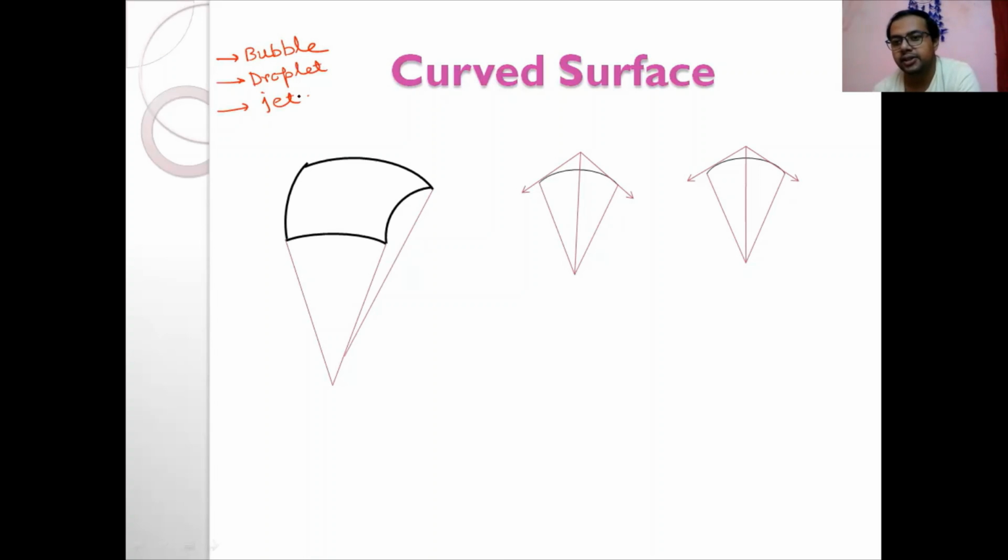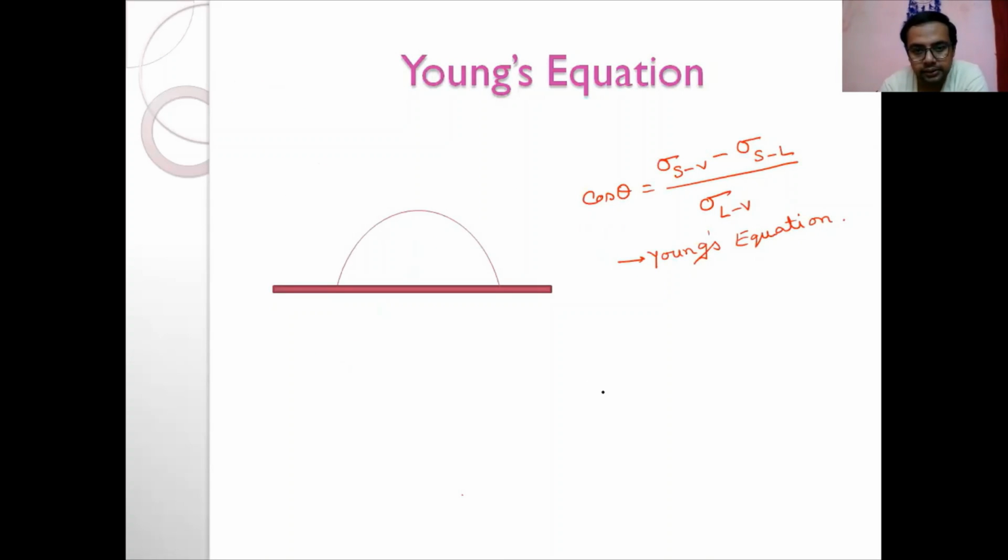So what is the surface tension in there? In case of a bubble, you will see there is a liquid layer, and in between the liquid, there is gas. If you consider any bubble, it's spherical in shape. Outside there is some air, inside also air, and there is a layer of the liquid.